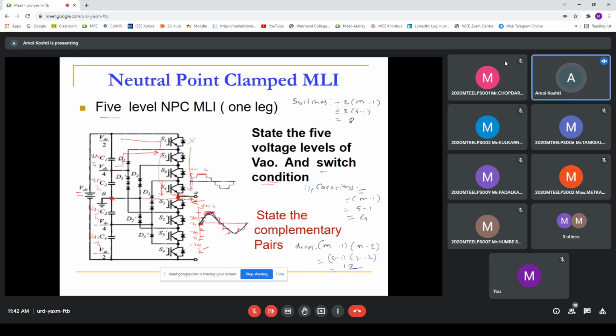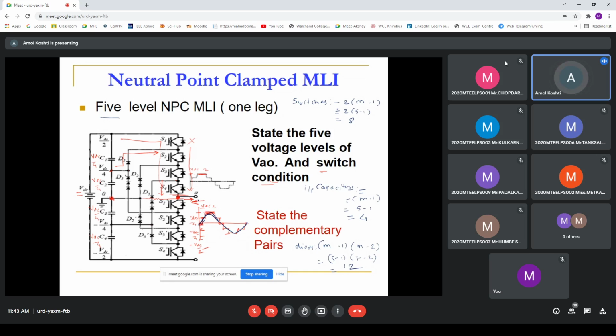So naturally the size of the filter which we use for 3 levels will be reduced in the 5 level as compared to the 3 level neutral point clamp inverter. So in this way we construct this 5 level inverter.